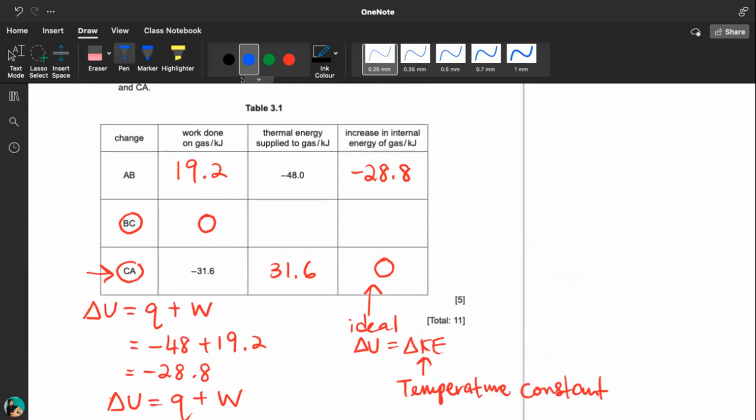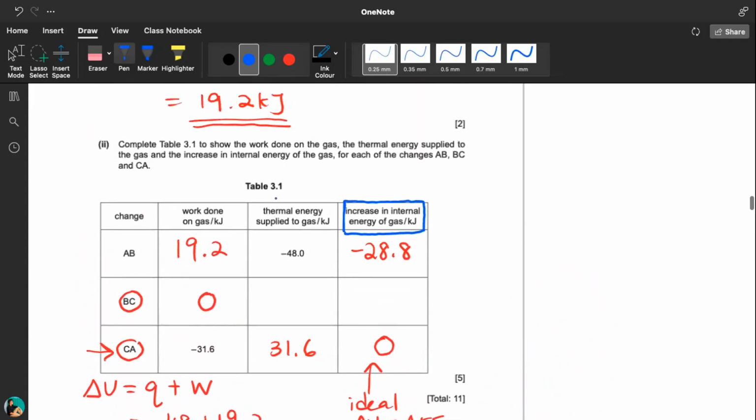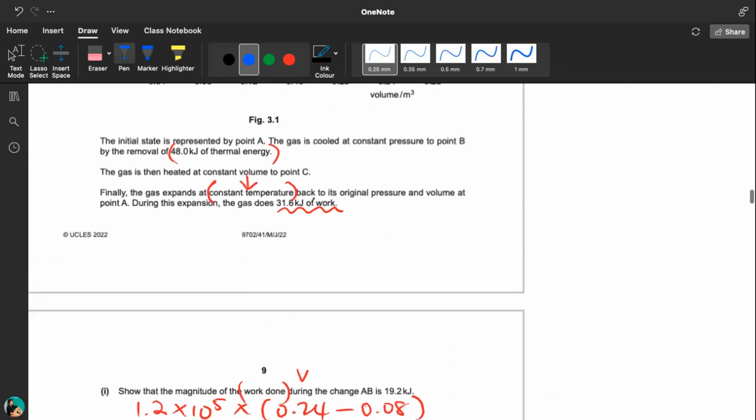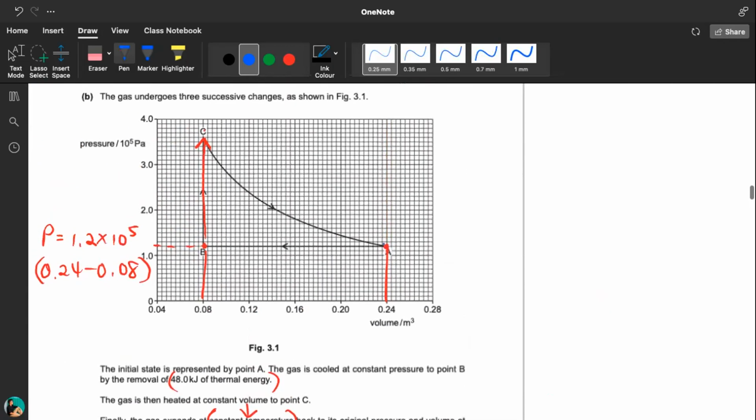Okay, last is the BC. Now look at the change in the internal energy of the gas. The entire process, if I start from A, go to B, go to C, and come back to A, you take the overall process, come back to the original position, the starting point, the overall change in the internal energy would be zero.